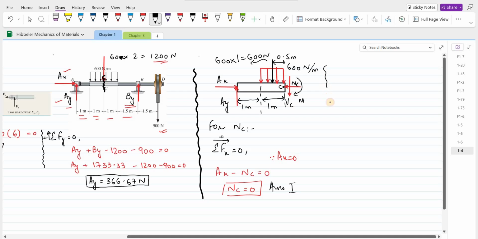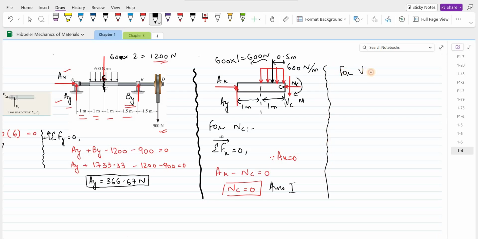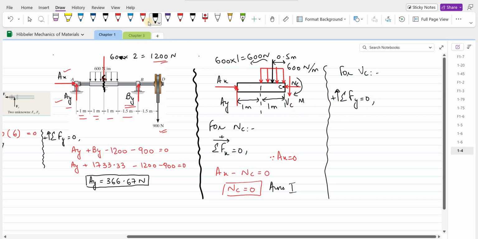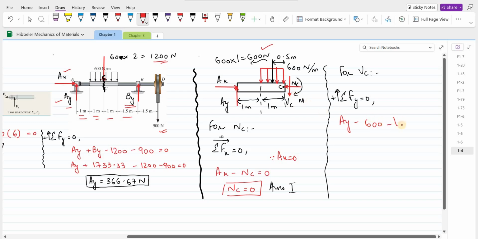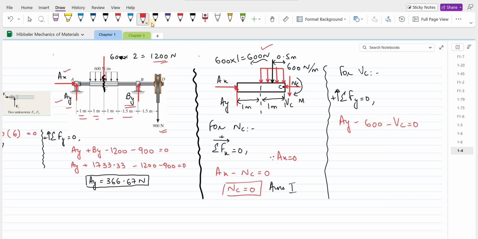Now for the shear force VC, we can do summation of forces in y direction equals to 0. I am considering up direction as positive. So we have AY minus 600 newtons minus VC equals to 0.